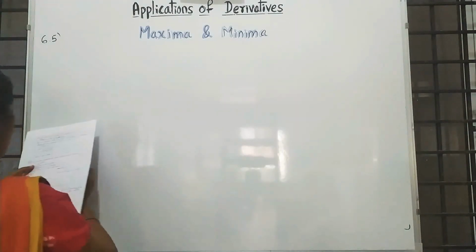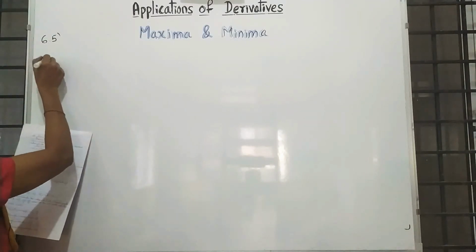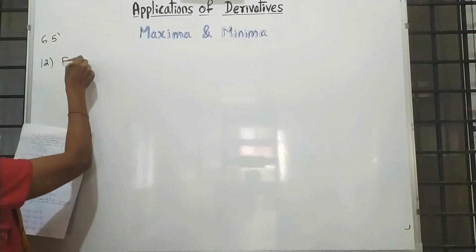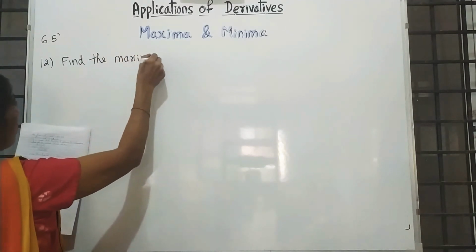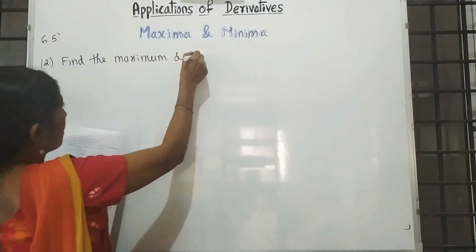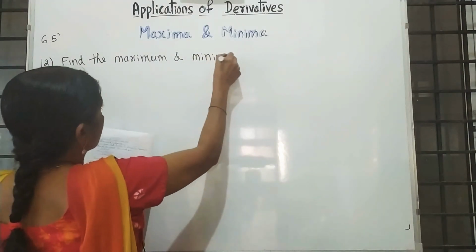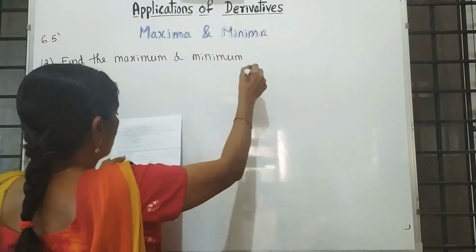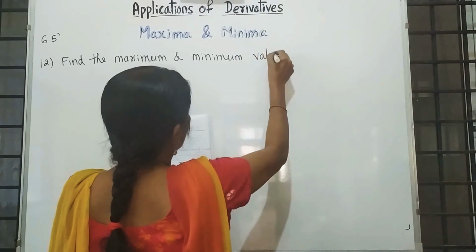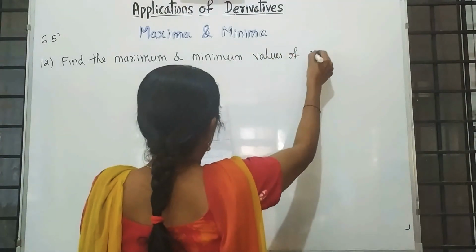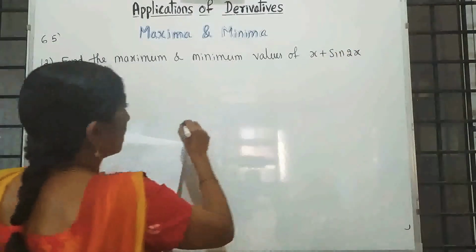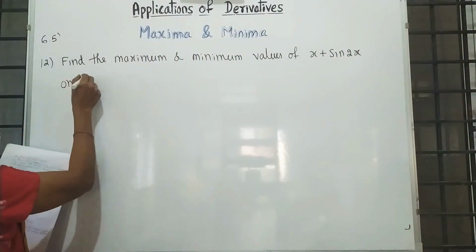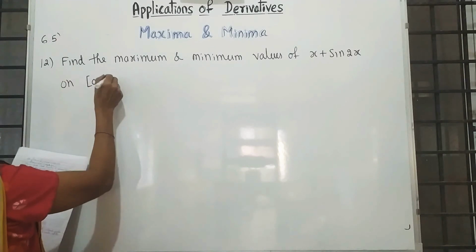Find the maximum and minimum values of x plus sine 2x on the interval 0, 2 pi.